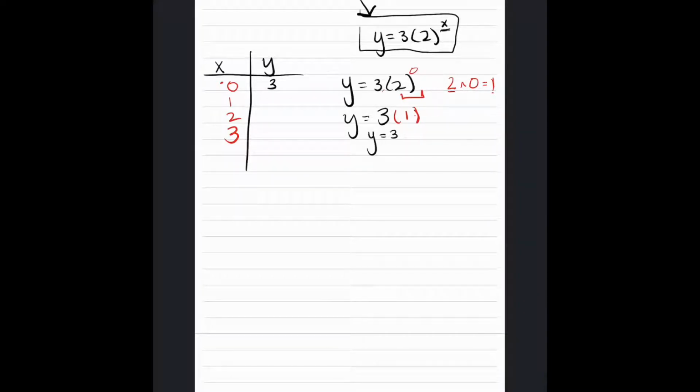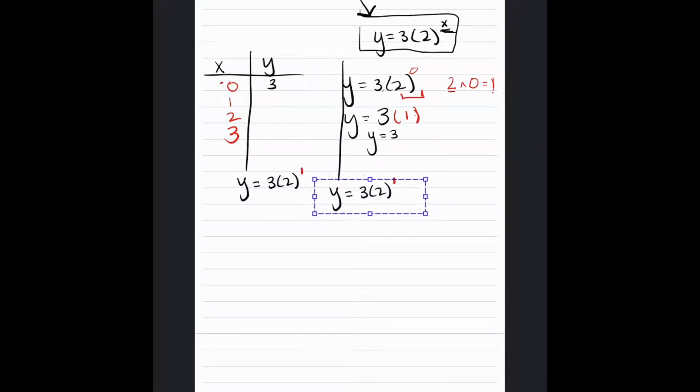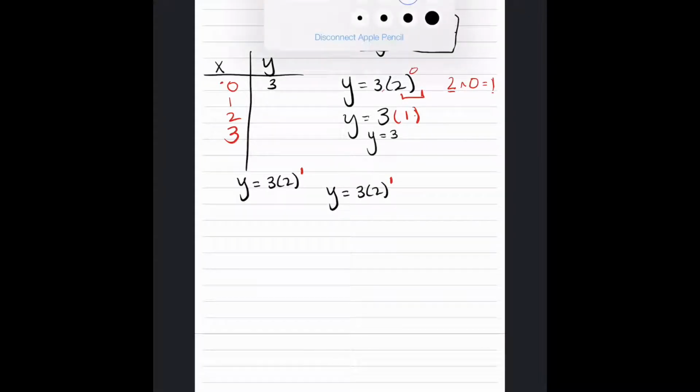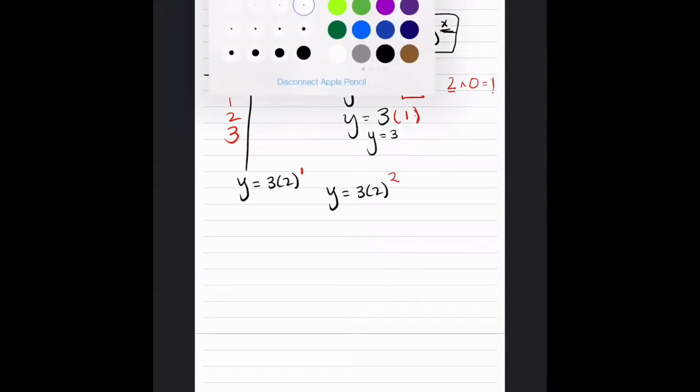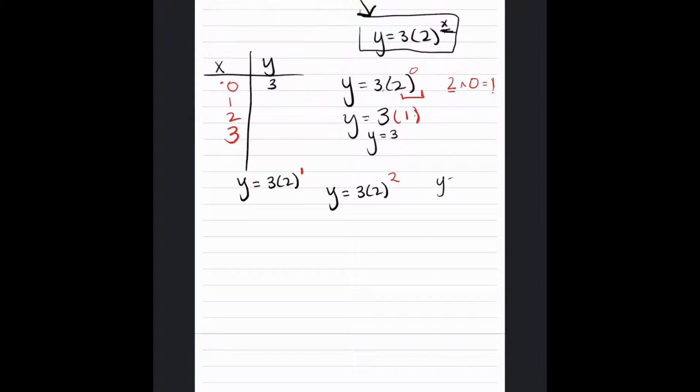Then I just keep going through and plug in the other values for x. So I have y equals 3 times 2 to the first power. I'm going to continue this, doing it to the second and to the third power as well. Then here I'm going to have to the second power, and one more time we'll do it to the third power, and we're going to solve all of these.